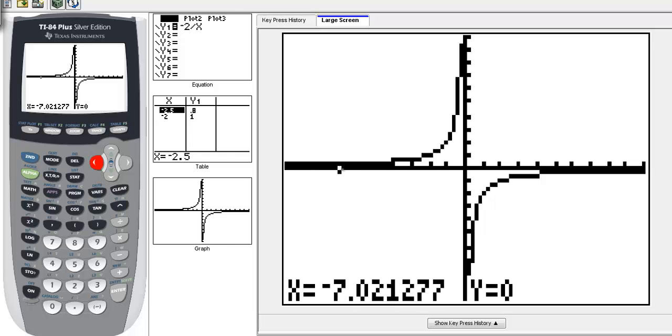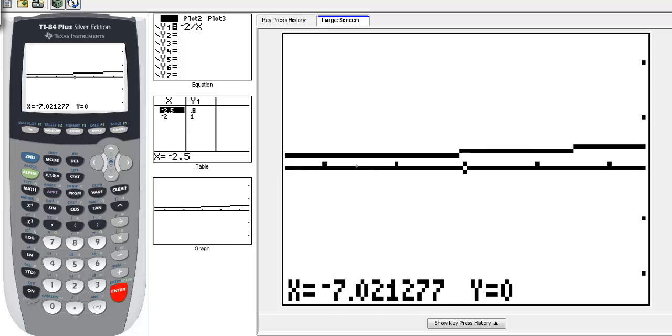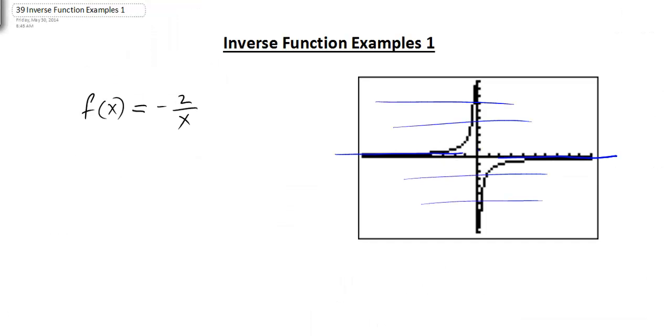If I zoom in right here on this location, notice the graph is getting closer and closer to the x-axis. I know these look like straight lines, but that's just because your calculator is not able to make a nice smooth curve. As we get closer and closer, we can see that this graph is still going to get closer and closer to the x-axis. Therefore, when we draw our line, it's only going to cross the graph once.